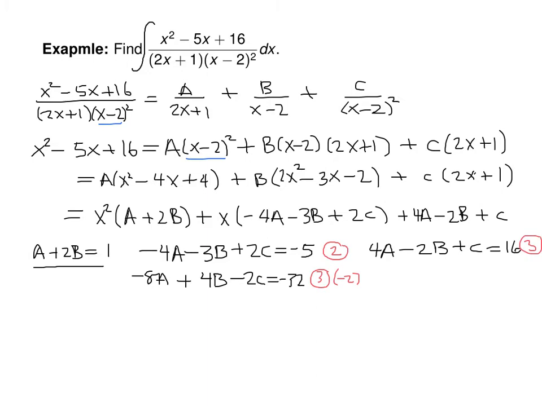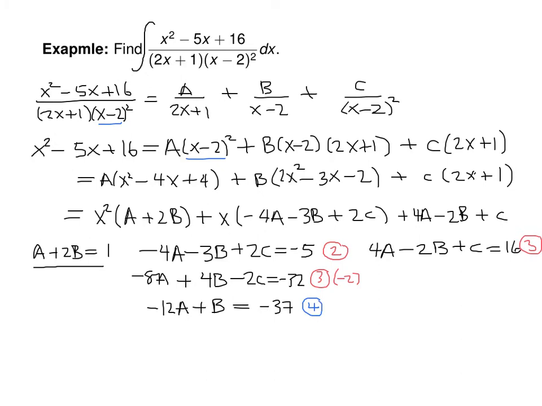Some books also call this the addition method, because what you do next is add equation 2 and this new equation together. When you do that, the c's cancel. That gives you negative 12a plus b is equal to negative 37. And I'm just going to call that equation 4, just so I have a name to reference it by.